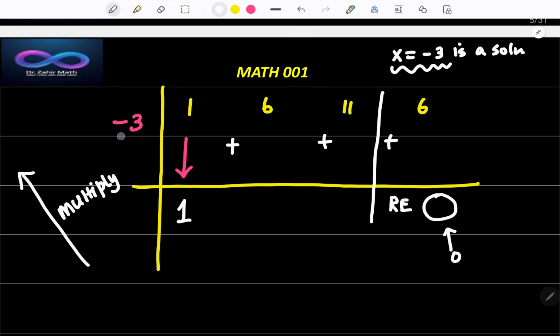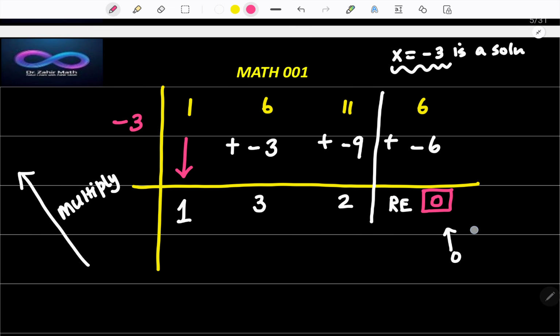Multiply. 1 times minus 3 is what? Minus 3. 6 minus 3 is what? 3. 3 times negative 3 is what? Negative 9. 11 minus 9 is what? 2. 2 times negative 3 is what? Minus 6. So what is the answer you are getting? 0. Clear, everybody? What is the answer you are getting? 0 you are getting.